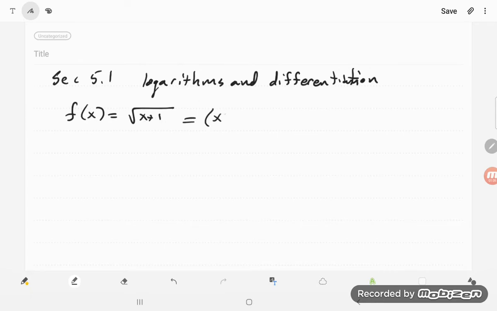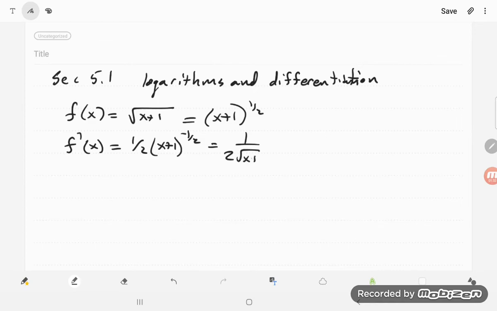We would write it this way, and then f prime of x, we would bring down the 1/2 and get x plus 1 to the negative 1/2, and then we could write it as 1/(2 times the square root of x plus 1).